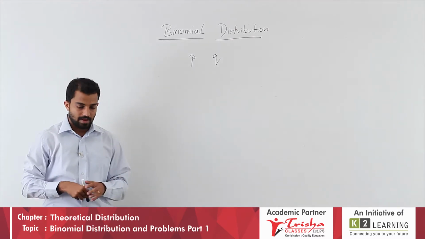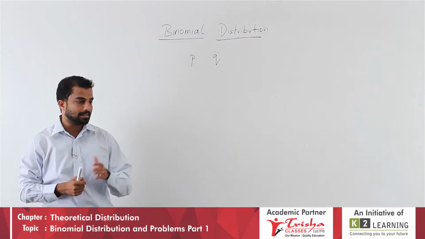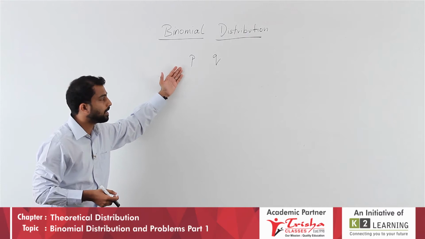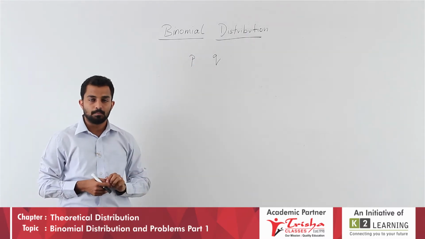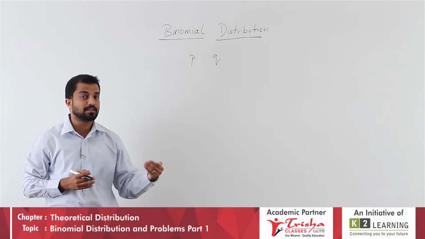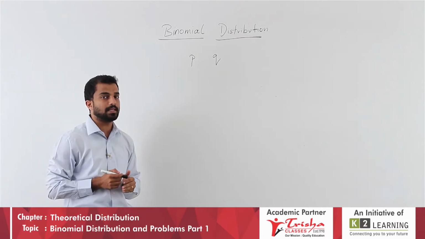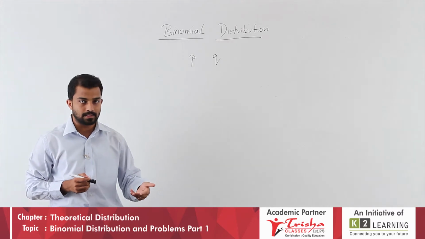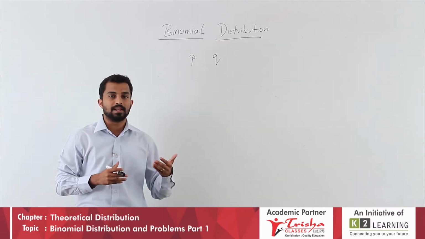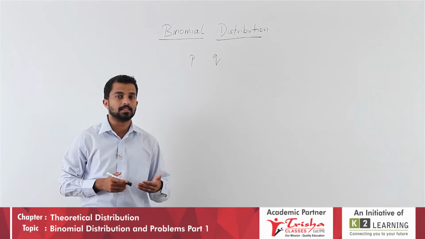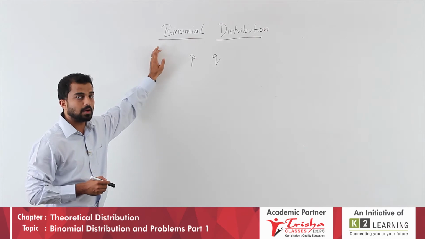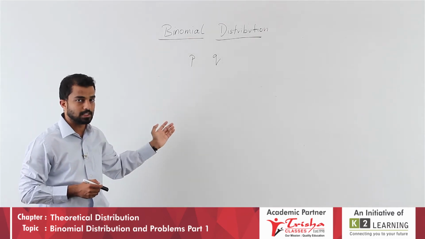We know when one coin is tossed, it will either be a head or a tail, either a P or a Q. But what happens when 10 coins, 12 coins, 15 coins, 20 coins are tossed? Whenever the number of coins or number of people is increased, we get one more parameter, and that is why we call it binomial distribution.